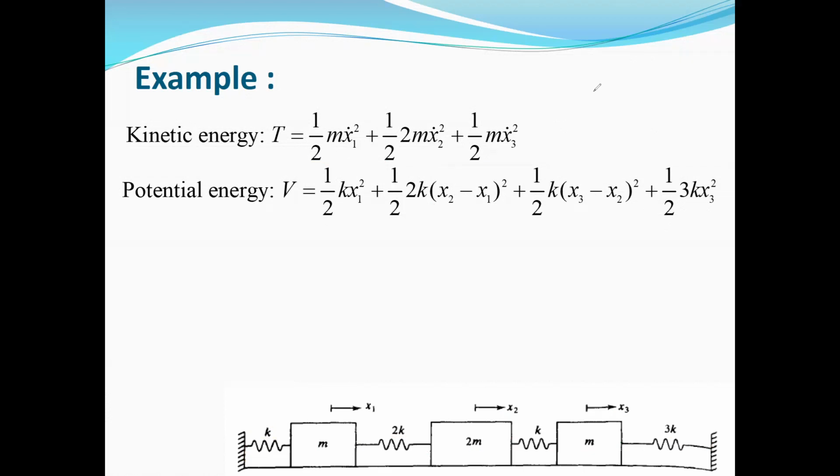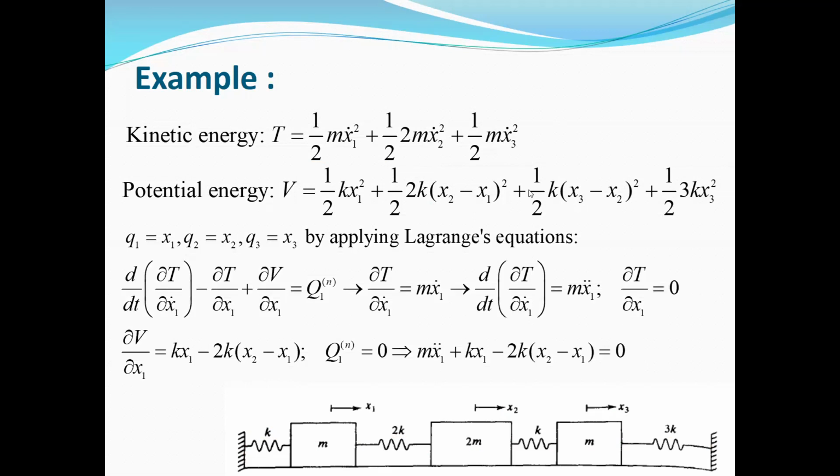So the next step, we need to calculate the Lagrange equations. For this purpose, we should consider the generalized coordinates. We assume that x1, x2, and x3, according to the problem description, are the generalized coordinates. So q1 is x1, q2 is x2, and q3 is x3.